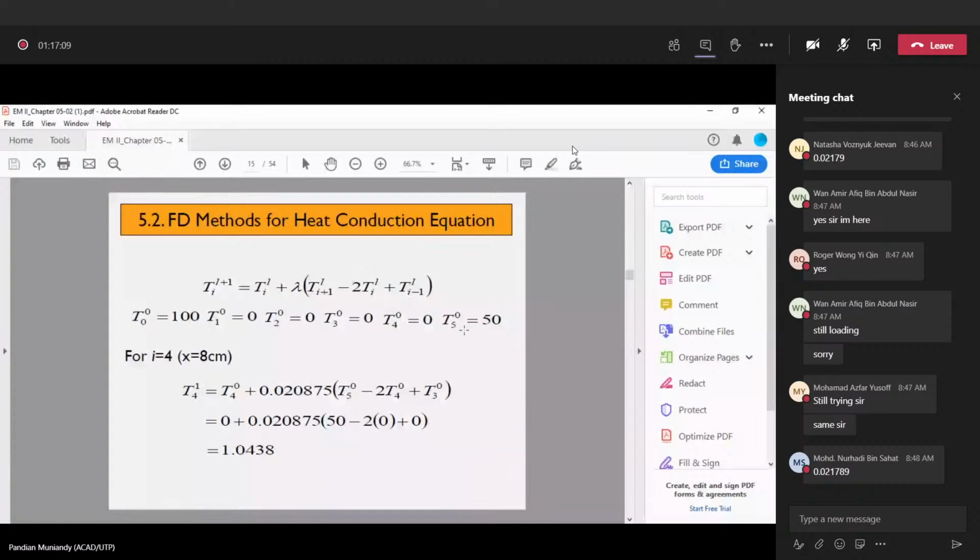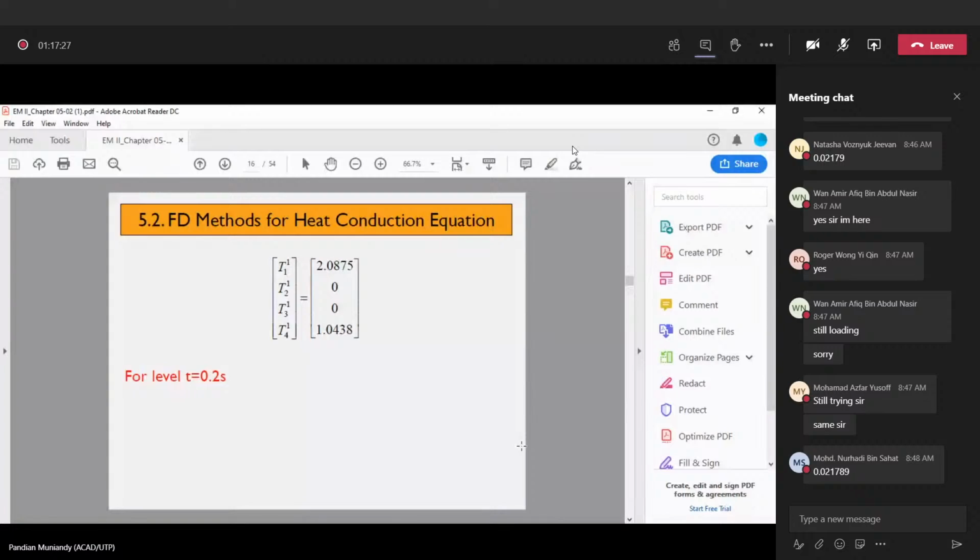T superscript 15 is exactly the same as this. The subscript is important, class. So this is the same value, 50. Minus 2 T14, T14 is 1.0438, plus T130. Now you calculate.